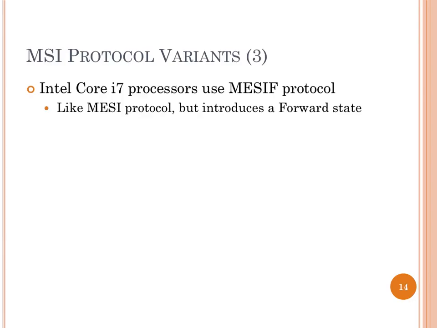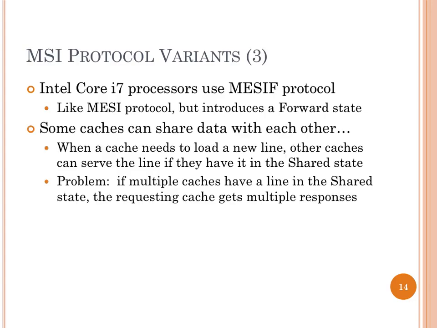Okay, MESIF. I want to talk about this. So now you have MESI plus another state. So remember, modified, exclusive, shared, invalid, and now we have forward as well. And so you have situations where caches can share data with each other. So a cache needs to load a line. Well, instead of having to talk to main memory, maybe it'd be faster to have a cache bus because they already have to be talking to each other to do their coherence protocols.